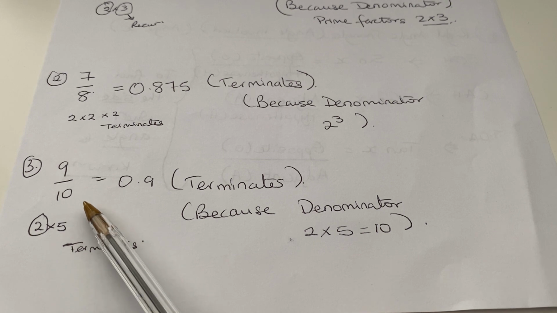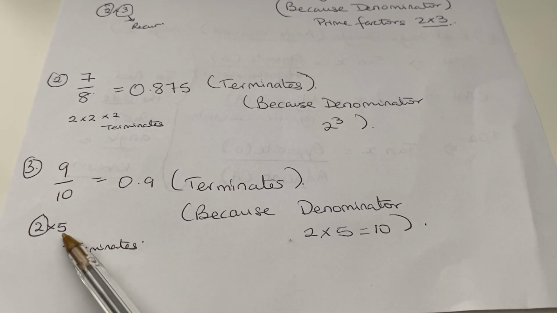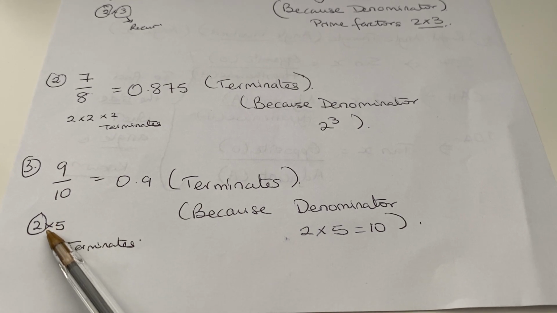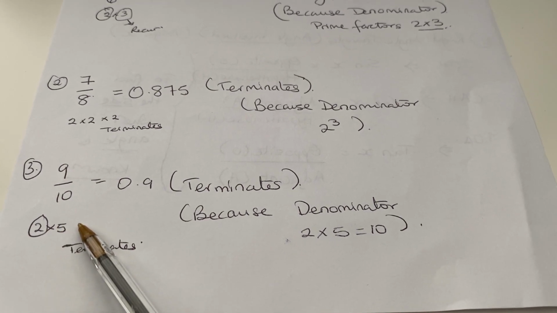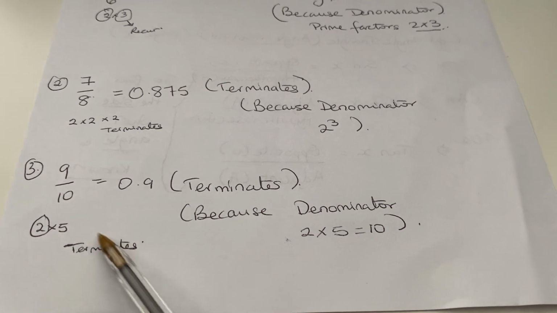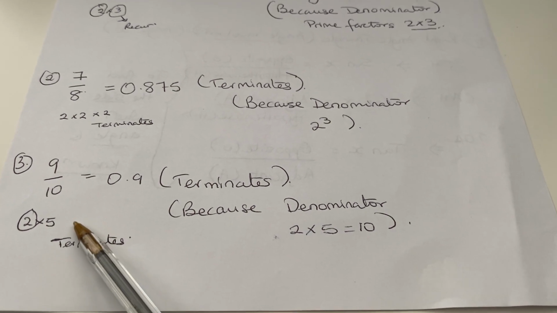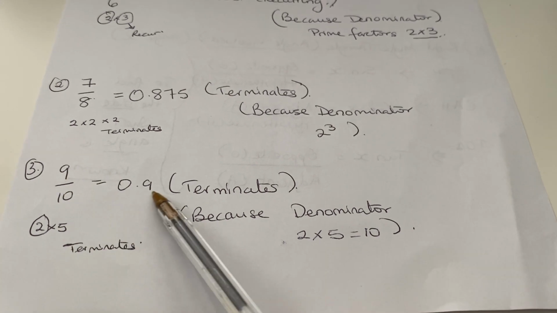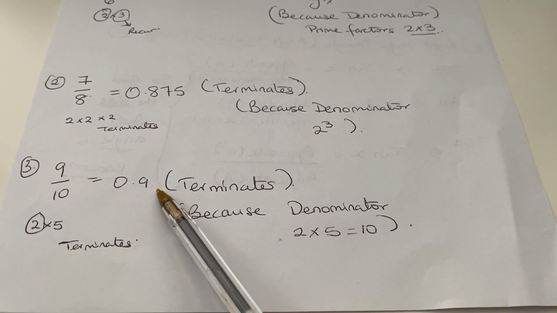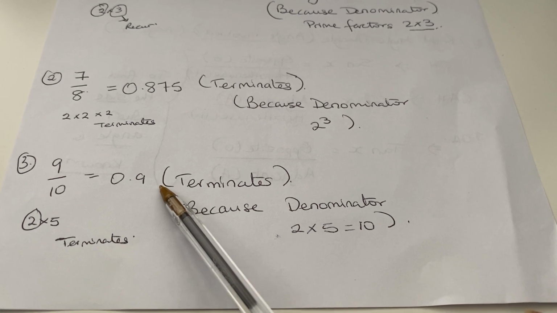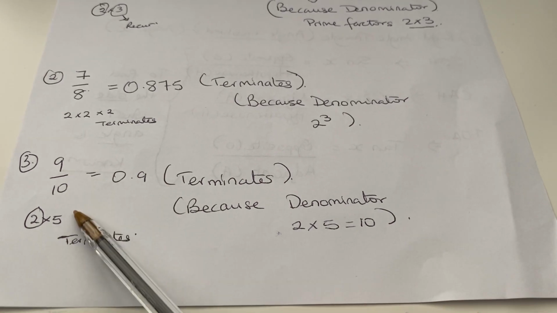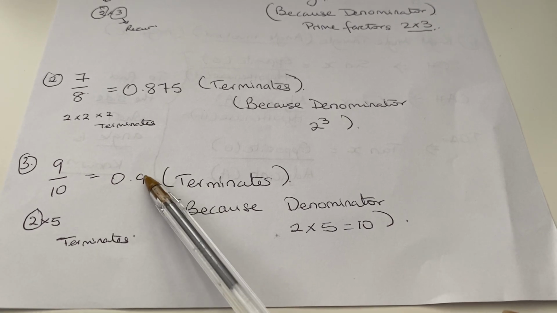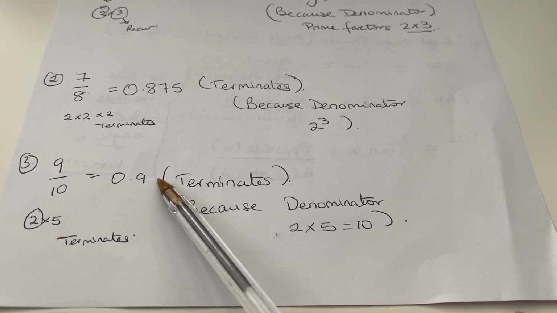9/10 here, the denominator is 2 times 5. These are the prime factors, so it's either 2 or 5. So I know it will terminate. And even if I shift the decimal, it's 0.9 without even using the calculator, because it's 9 divided by 10. So all I have to write is a 9. 10 is 10.